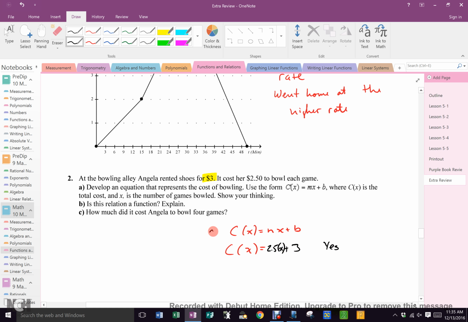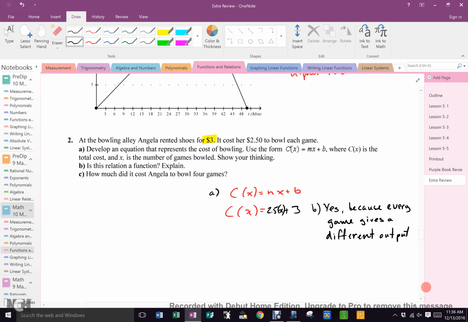Yes, because every game gives a different output or cost. And 4 games, C. So if x is games, it's C of 4. 2.5 times 4 plus 3, 10 plus 3, $13.